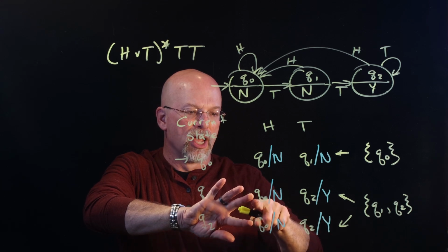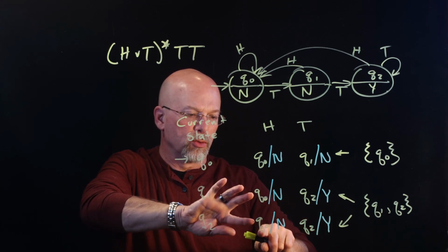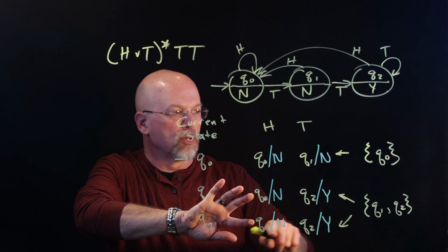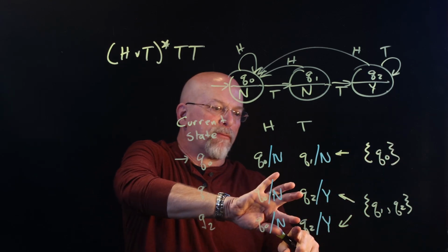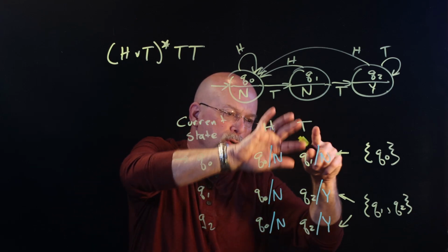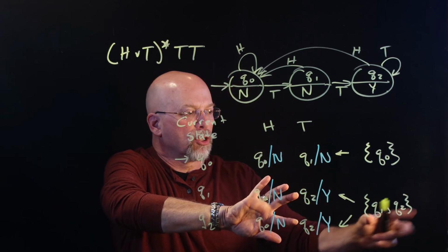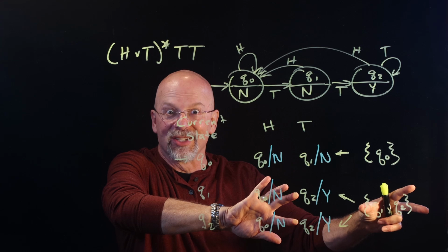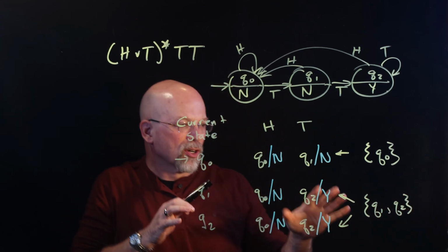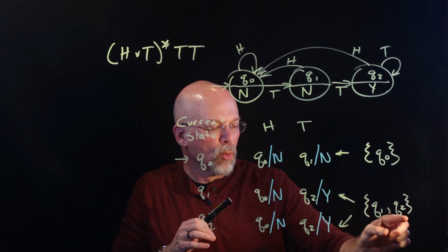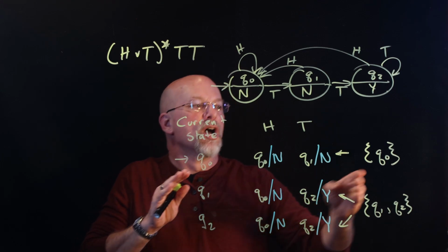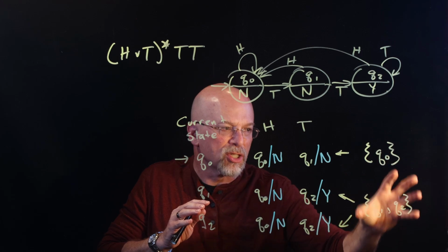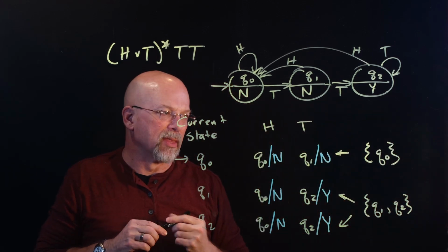Both Q1 and Q2 go to Q0, which is the same set of states. For tails, Q1 and Q2 both go to Q2, which is the same set of states. So it turns out that Q1 and Q2 not only have the same output, but they also go to the same set of states based on the input.